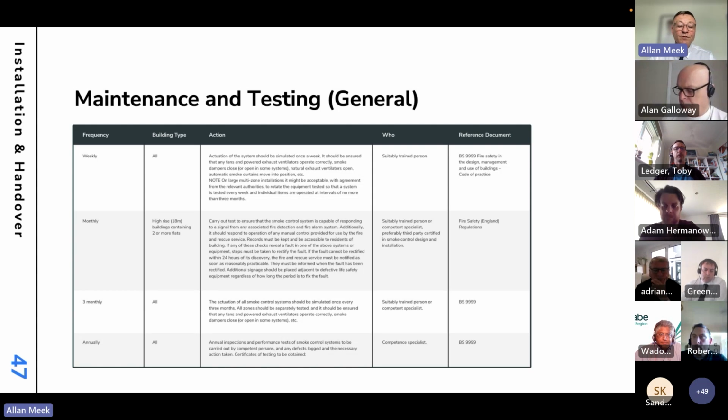And they must also be informed when the fault has been rectified. And additional signage should be placed on the defective fire safety equipment to notify people that there is a fault. So that's a very new requirement that I'm not sure if that's actually been actioned much yet. That came in January.